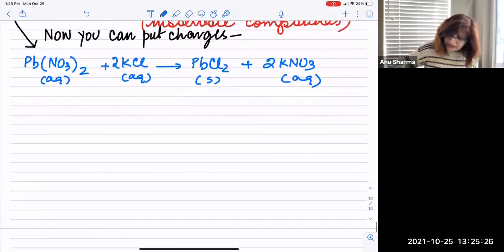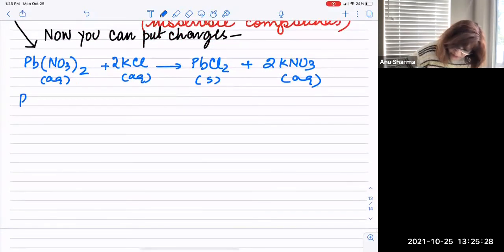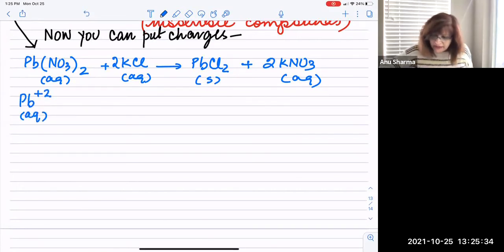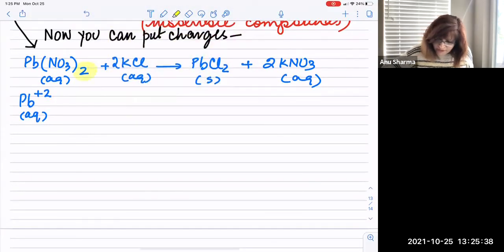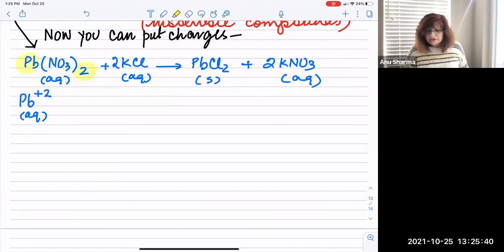So now we see here Pb with plus 2 charge, aqueous. Remember that this 2 is coming from the top of lead.